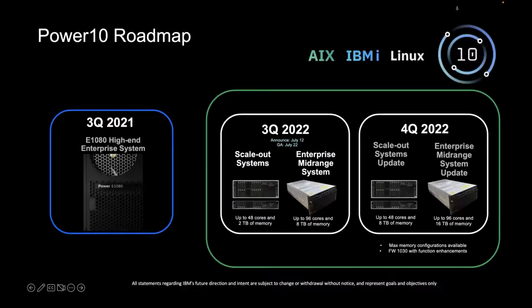We announced on the 12th, we started shipping on the 22nd of last month, and we do have some features, mostly dense memory, coming out in fourth quarter of this year. So think, maybe November 18th timeframe for the deep density memory.